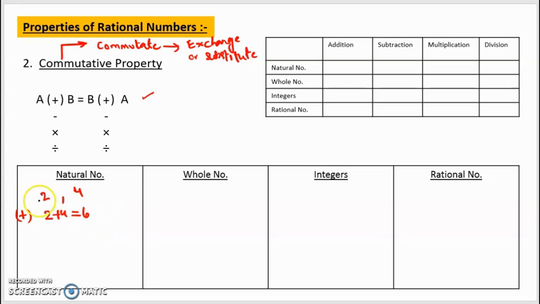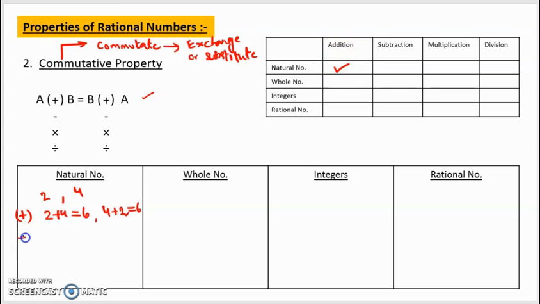Now let us exchange their positions: A should come in the place of B and B in the place of A. So now 4 plus 2, the same operation, gives me again 6. So natural numbers, even though they exchange their positions, give the same result in addition. Hence natural numbers follow the commutative property for addition.